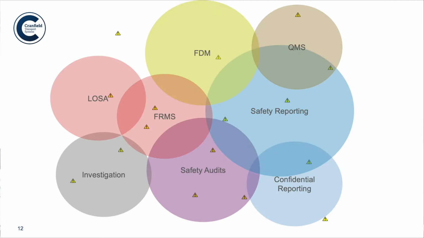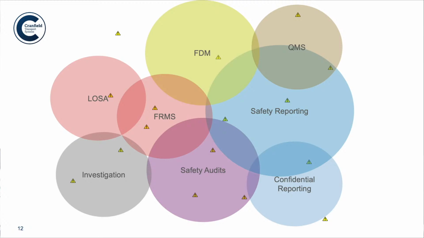But the point is that we have these different systems out there, and this list isn't exhaustive. There are others, but all of these things are aimed at identifying things that could potentially cause us harm. None of them are perfect, of course, and you'll notice that some of the hazards that are around aren't always picked up by one of these activities.